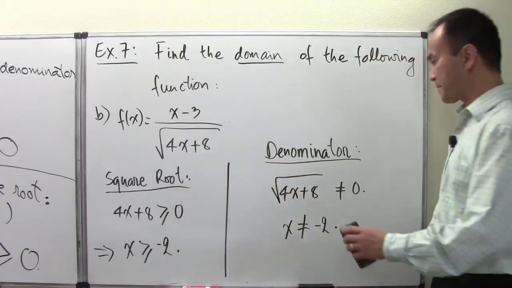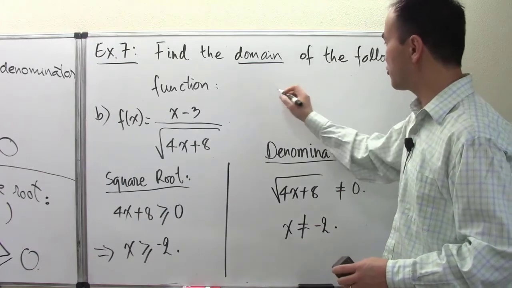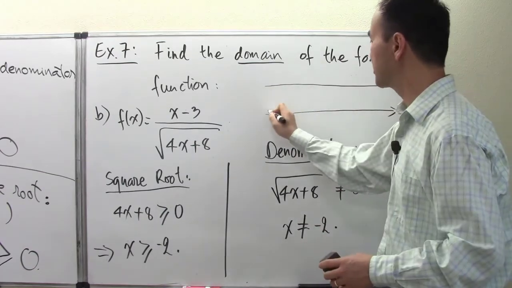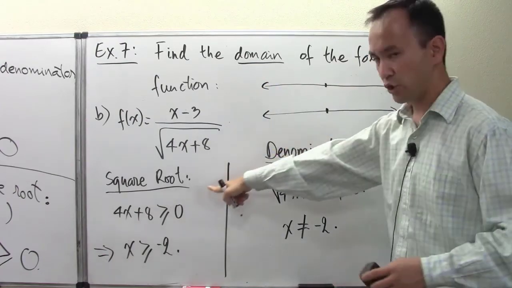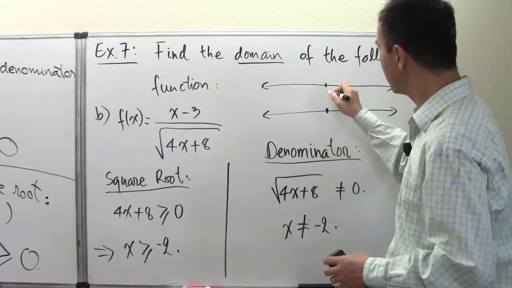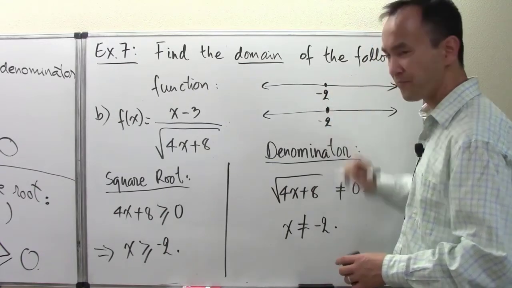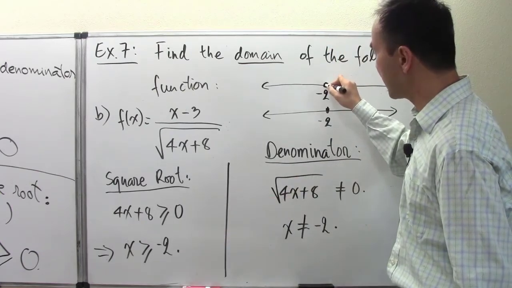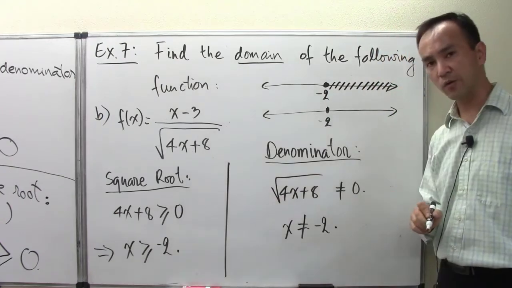So now, from where it says right here, let's draw two number lines. They both have -2 in it. For the square root one that we started out with first, this is -2, and this is -2, the exact same place. For the first one, we can take anywhere including -2 and above, because we want it to be greater than or equal.